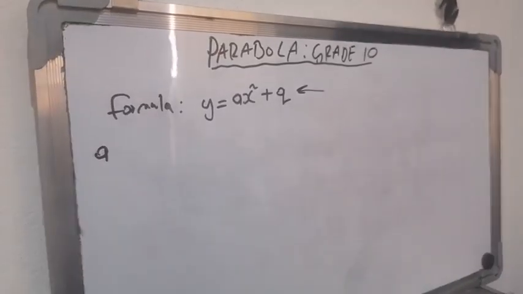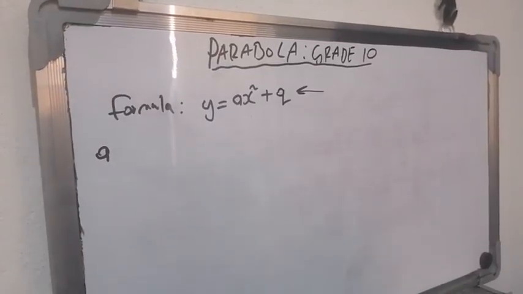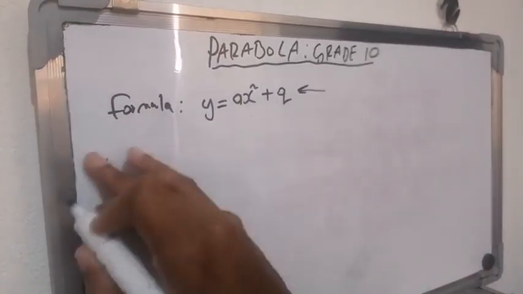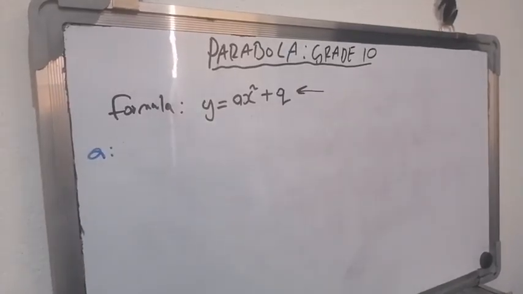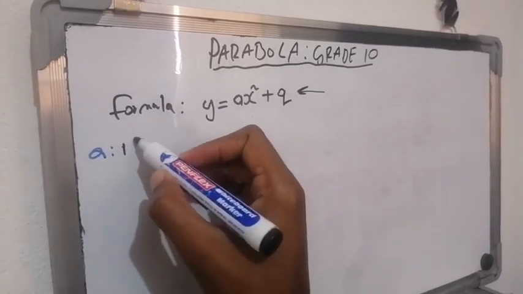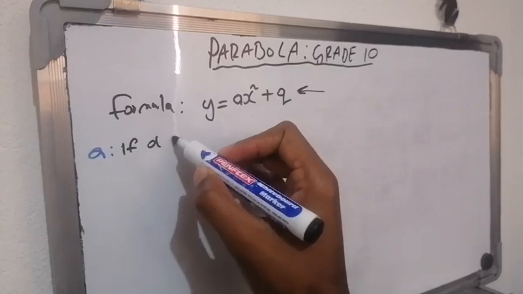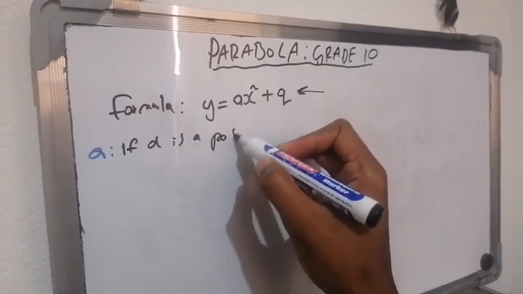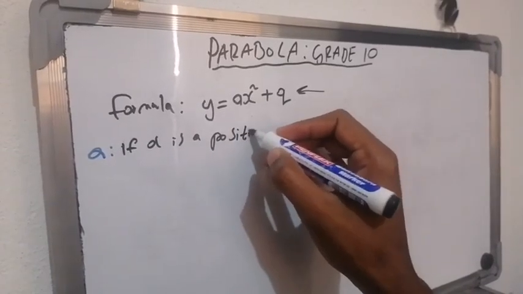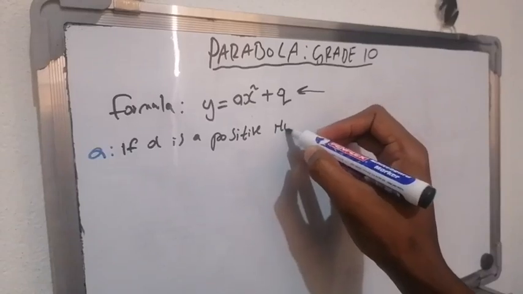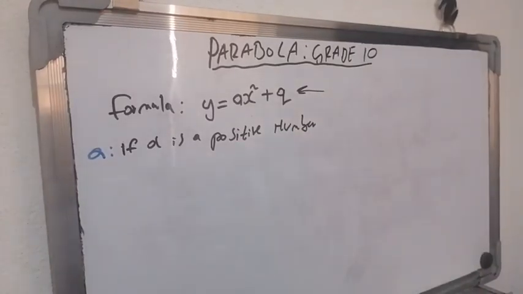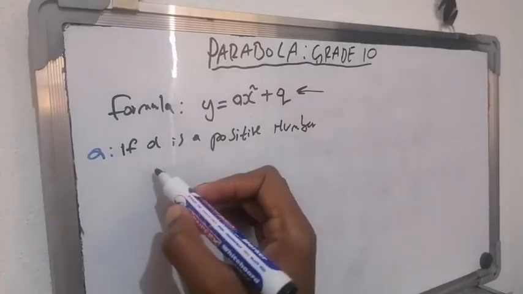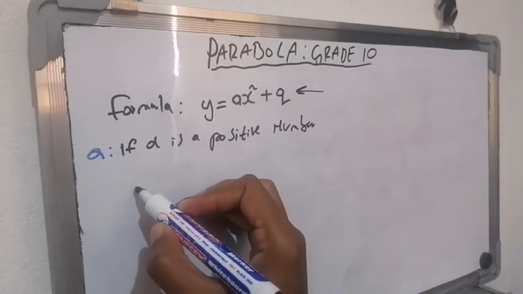Now I want us to look at this. I'm going to say a, and I want you to write this note so that you understand. If a is a positive number, that means your graph will look like this.